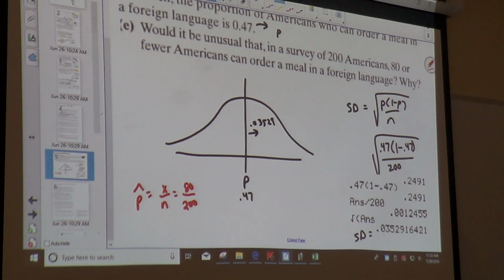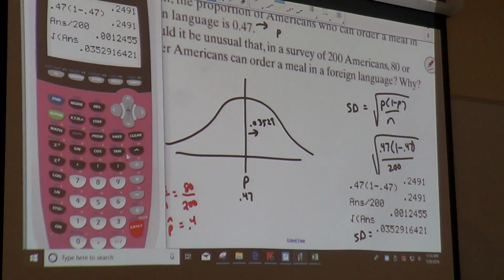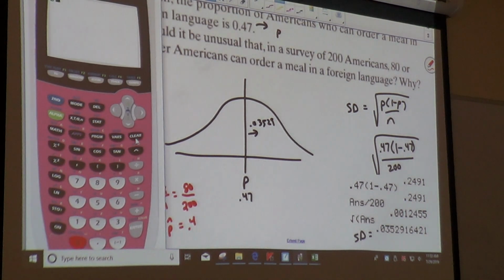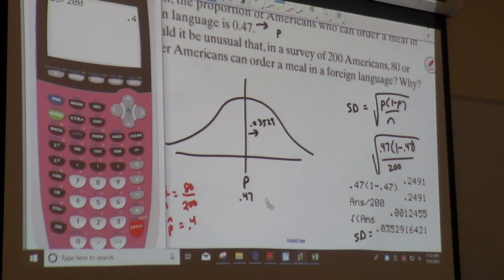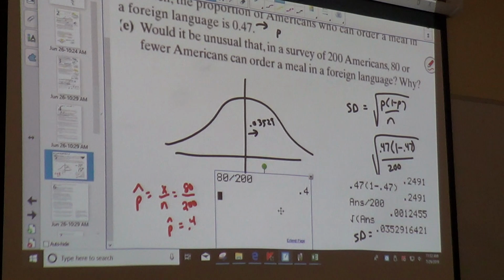So 80 over 200 in my calculator gives me a p-hat of 0.8. Oh, not 0.8, 0.4. Do my calculator and make sure. 80 over 200 is 0.4.